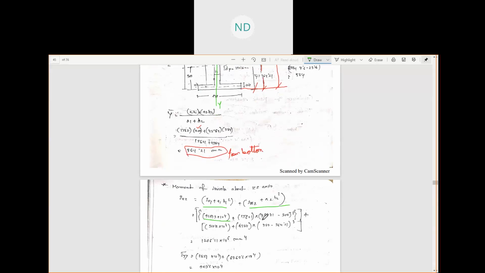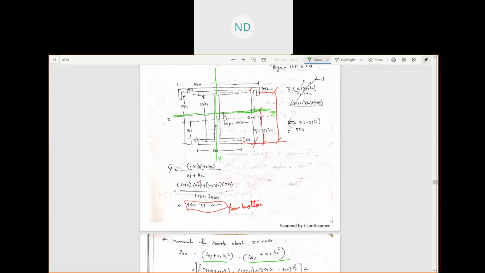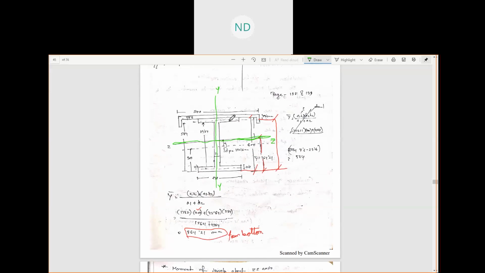Then we have h square. Since we are considering the first member, the I section, H1 is the distance between the CG of the I section and the CG of the entire built-up member.